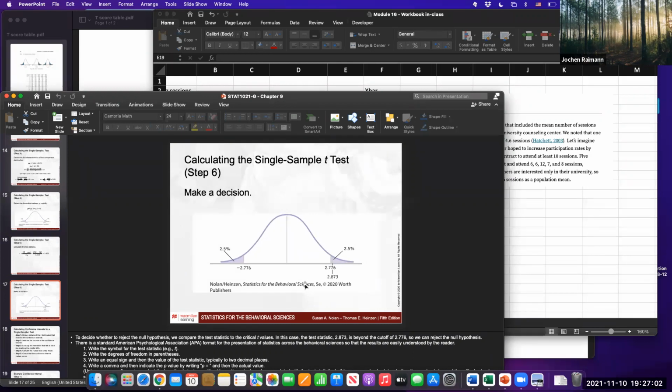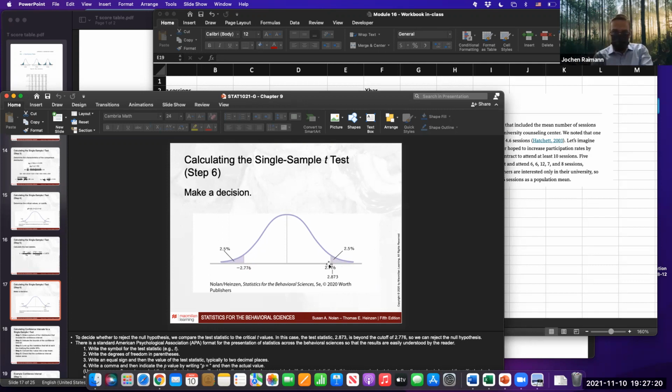Okay, so we had 1.96 on the set score, right? You remember? We do mean plus minus 1.96 multiplied by the standard error of the mean. Now we're doing the same thing, we're just taking this critical threshold, and we're going on both sides. So this was 2.78.